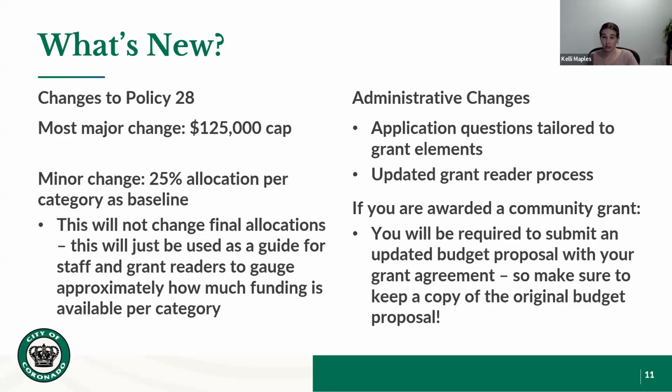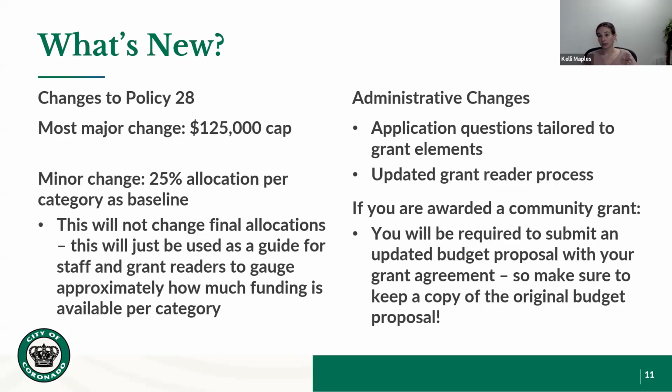A couple administrative changes that I also wanted to mention. An update to the application is that I have created 4 different applications depending on what grant element you are applying to, and the application questions are tailored to that grant element. If you're applying for arts and culture, the program narrative questions are going to look a little bit different than social services.